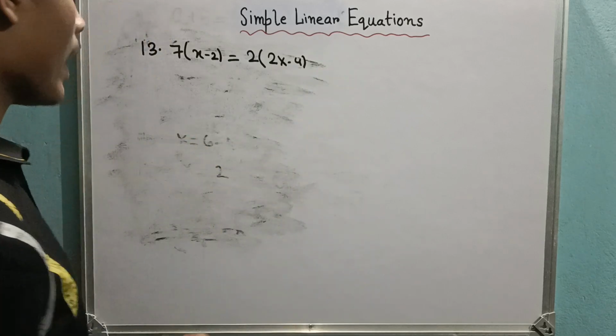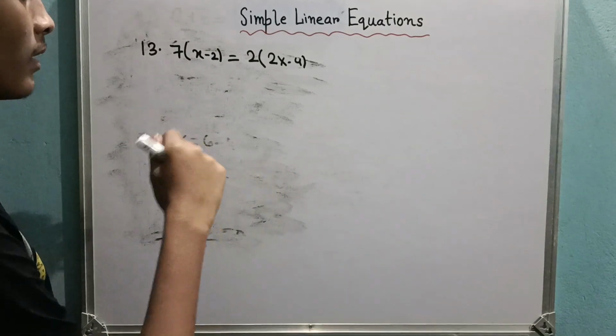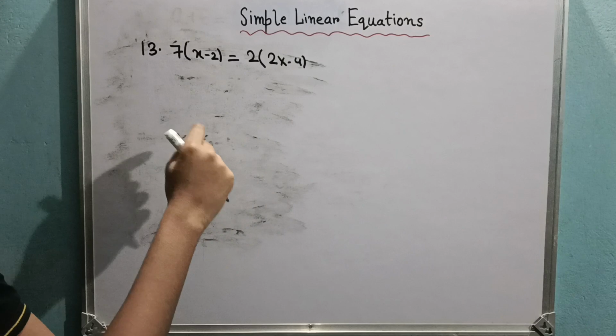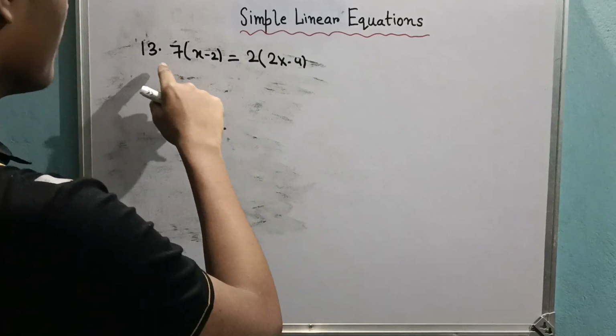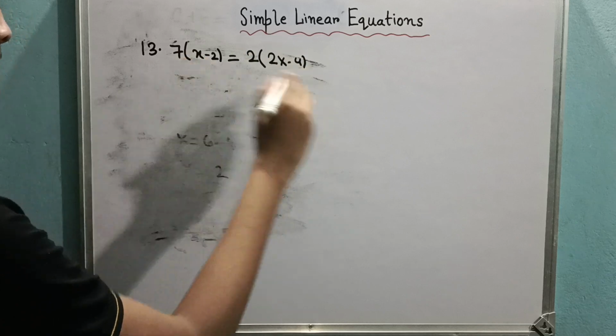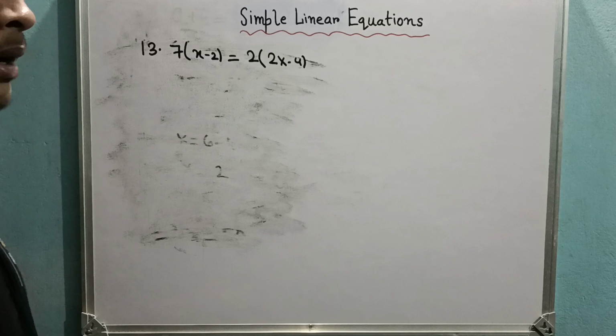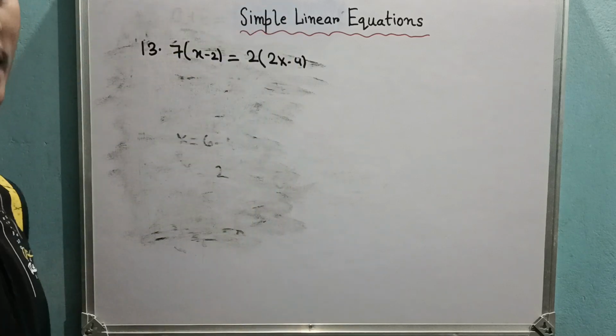So here I will prefer the conversion method more. One more method is there and you can use, but it is a little complicated. That is 7 divided by 2 is equal to 2x minus 4 divided by x minus 2. So then you have to multiply this side, then this side, cross multiplication you have to do.